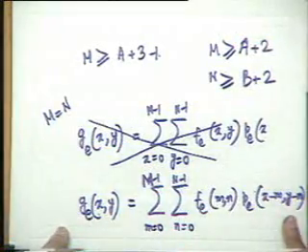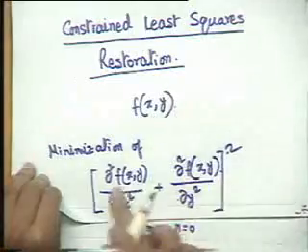In terms of matrices, mind you, what we have to minimize is not this expression alone. We have to minimize this expression squared, because we are going to consider minimization of the square of this second derivative.